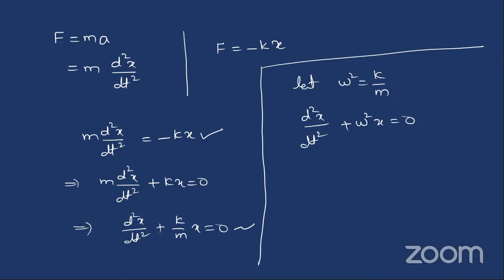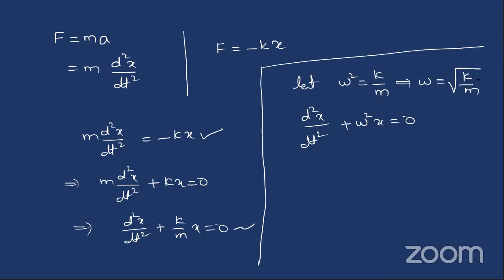You may wonder why I made this substitution. From experience, we know that when something oscillates back and forth, or up and down, there is a certain frequency of oscillation, omega in this case, the radian frequency, and it is equal to the square root of k by m.